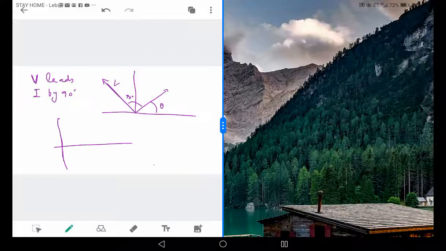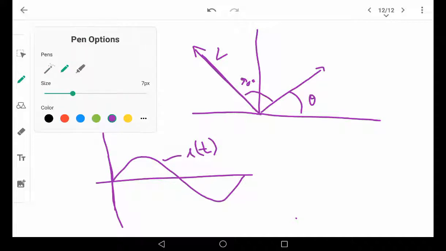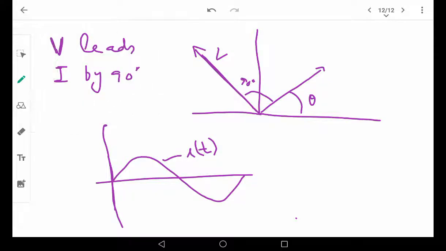If you are drawing the waveform, you can draw it like this. If this is the current, then the voltage becomes maximum here and goes on like this.